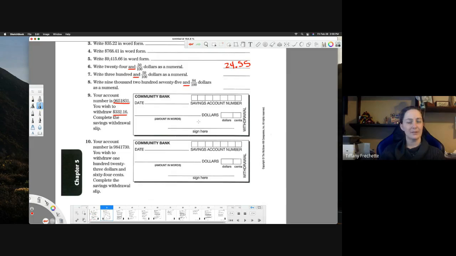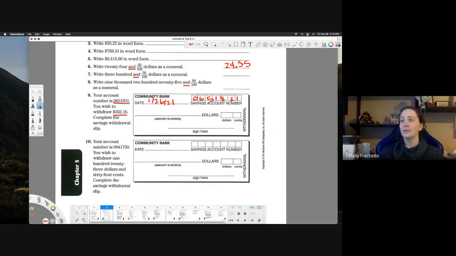A lot of the time, I don't think I've written it out in words. It looks a little bit more like a deposit slip almost. But you want to make sure you put your account number up here, so that they know who they're taking it out from. Write the date, so today's date for me. You shouldn't be writing that date unless you're by chance doing it on the exact same day as me.